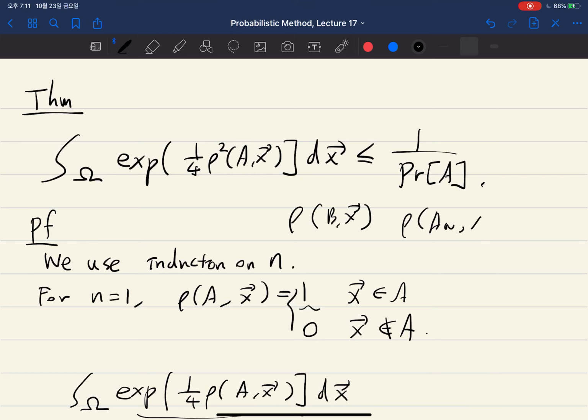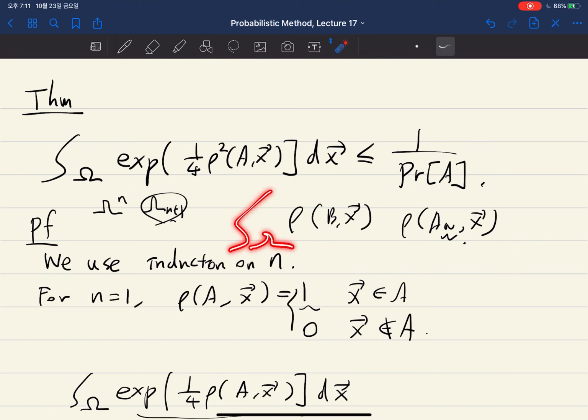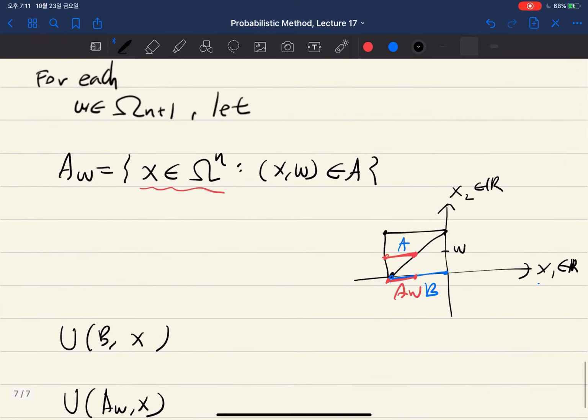Here, this is an integral over omega, which is an integral over the first n coordinates and then the last coordinate. This last coordinate actually gives this W. So somehow we want to relate this with these two by changing the integral, or splitting the integral if necessary. That's roughly what we want to do.